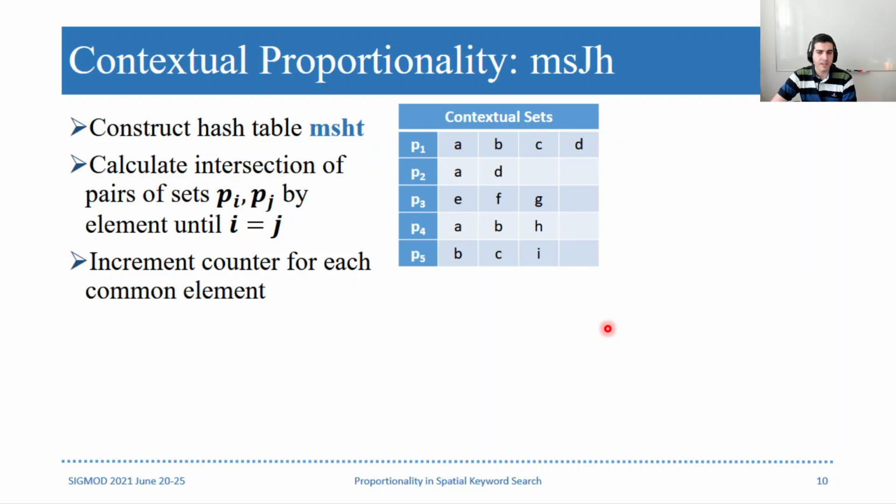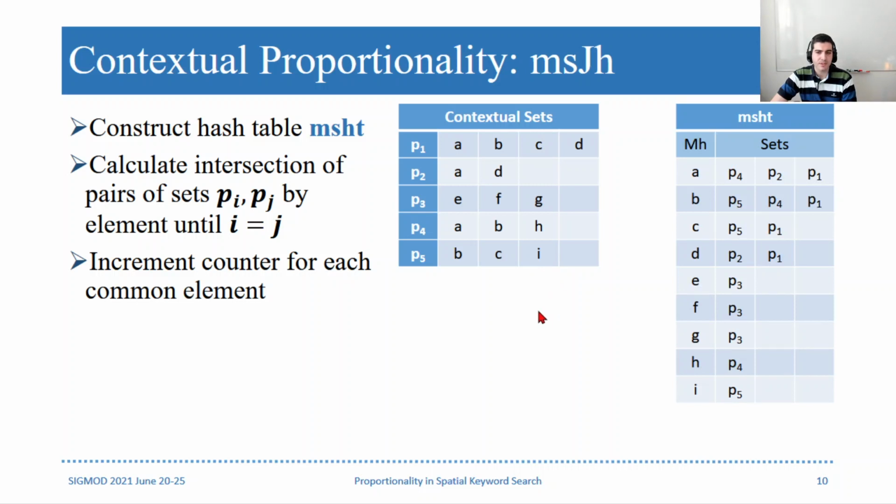We consider a set S of places P1 through 5 with their respective contextual sets of elements A through I. We first construct the hash table MSHC by creating an inverted list for each element with the sets wherein the element appears. We do so in reverse order to more clearly illustrate the stopping conditions.